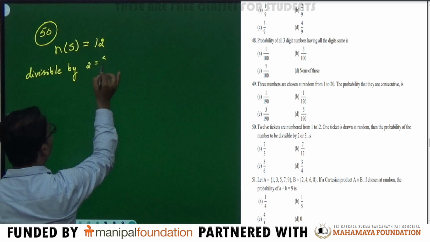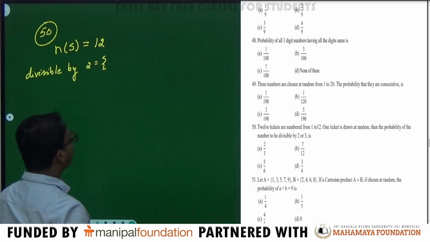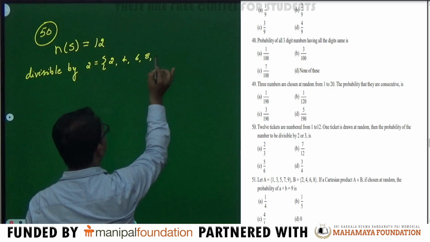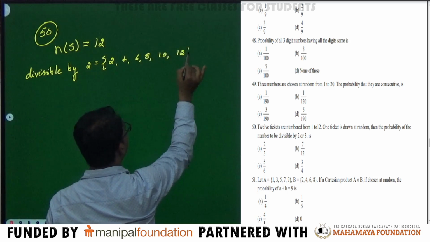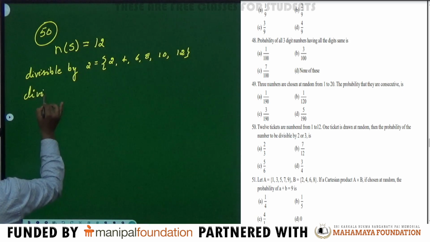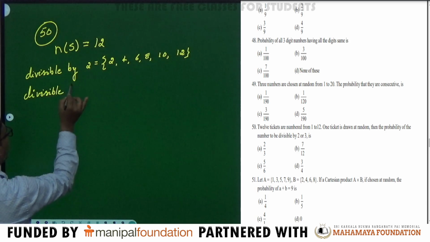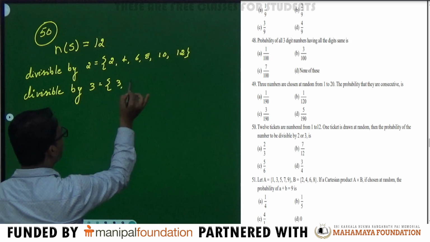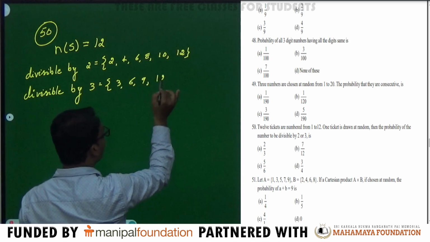They are all the even numbers. They have given tickets 1 to 12, so take the even numbers 2, 4, 6, 8, 10 and also 12. And take the tickets which are divisible by 3, the multiples of 3: 3, 6, 9 and also 12.